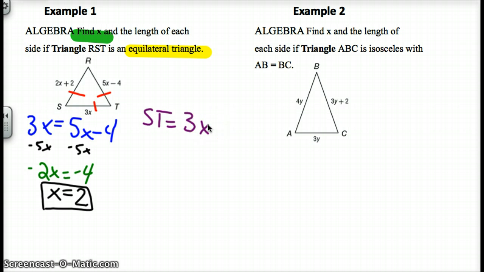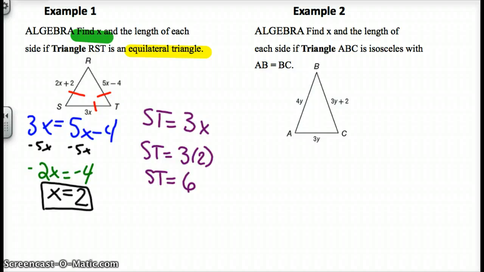And so, people, you need to make sure that you're writing all of your details down. And so I'm finding ST. I'm not just going to write ST as 6, but I'm writing ST is 3 times 2. ST is 6. And then they ask me to find all the sides.